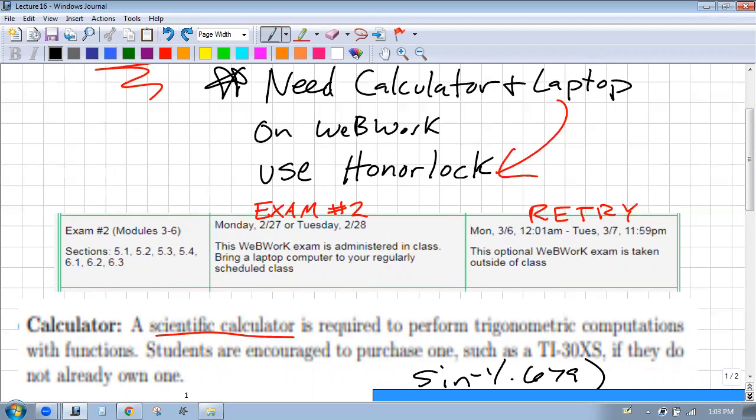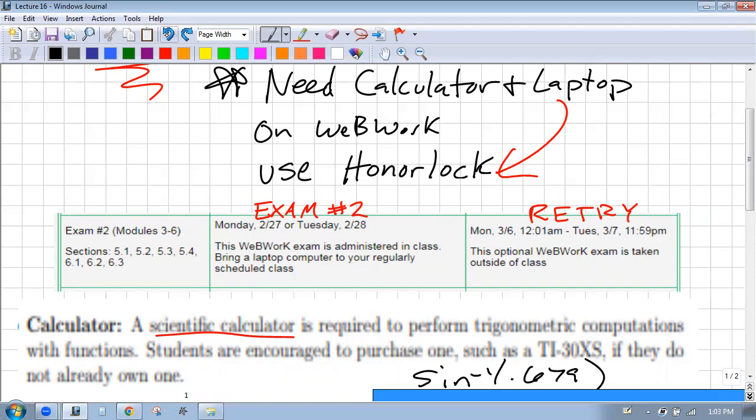Then you upload them in Blackboard, I think, and then you get permission to take the exam retry, which I guess is done outside of class on WebWork during this date. So it's not automatic that you just get to retry the test. You have to earn the chance to take the retry, okay?